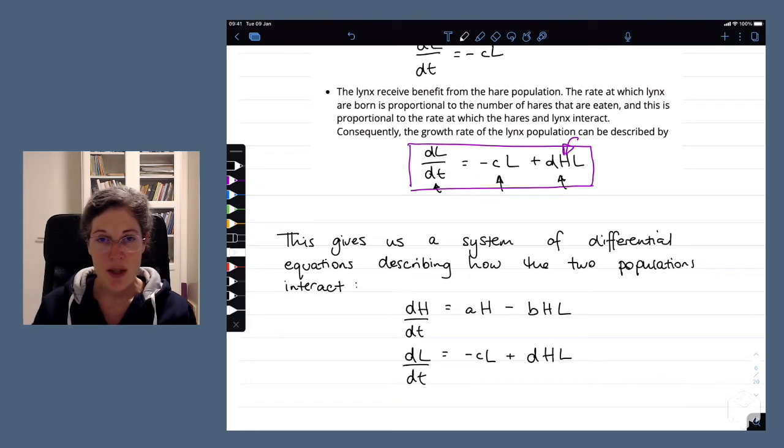You can think about it, you've seen things similar to this before. You've seen two equations and two unknowns. Well, here we have two equations and two unknowns. It's just that they happen to be two differential equations. So the solution isn't quite as simple as you've seen before for solving two equations and two unknowns, but there are techniques. So the second part of the course will be around systems like this.